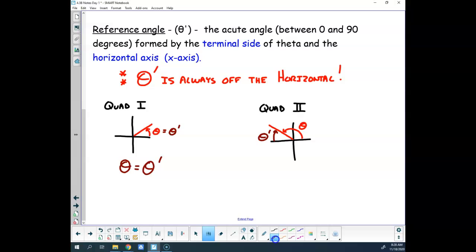So the actual angle theta is going to be 180 degrees minus my reference angle, or if we're dealing in radians, it would be pi minus my reference angle.